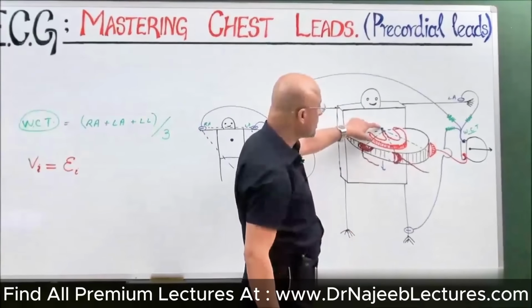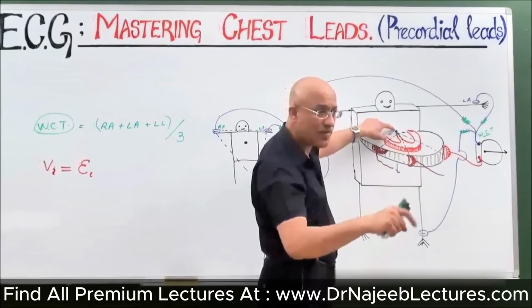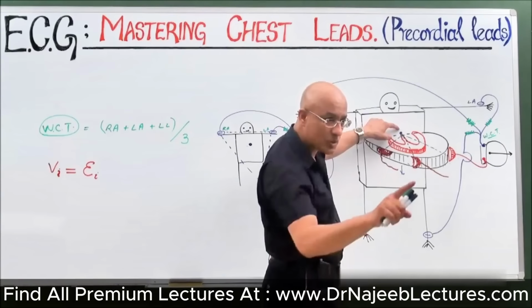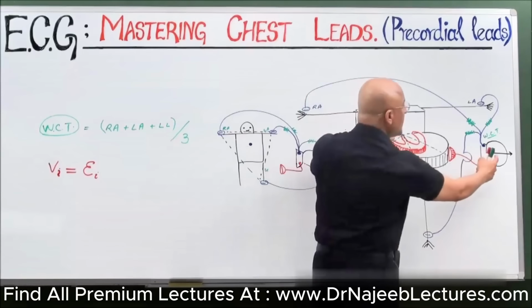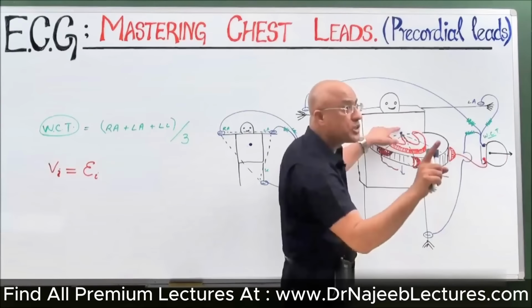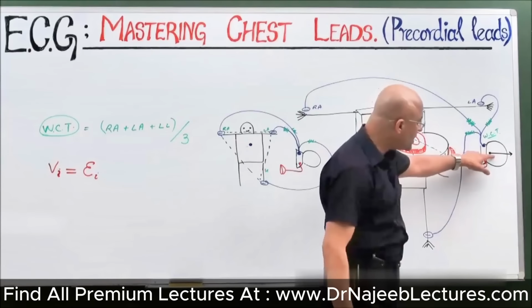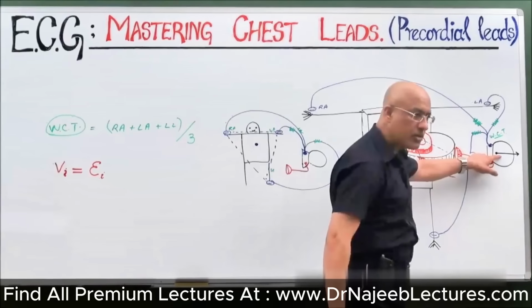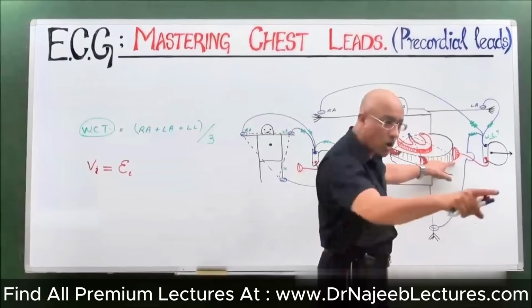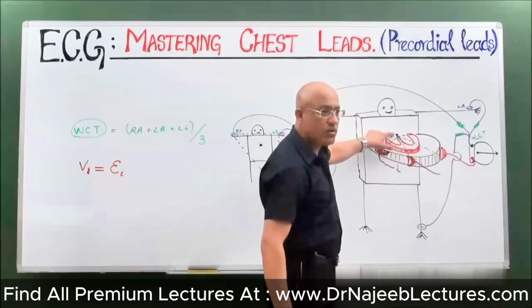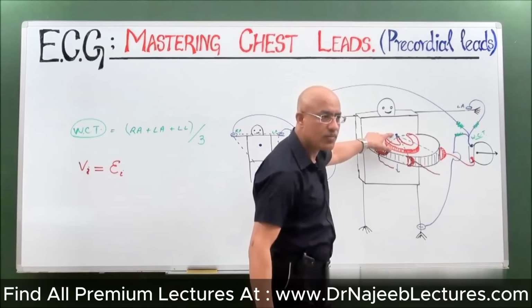There is near zero potential determined by the virtual electrode. You are understanding it? And which potential is this machine recording, I'm going to ask you. Is this machine recording the potential of the exploring electrode, or the potential of the virtual electrode? Yes, potential of the exploring electrode.